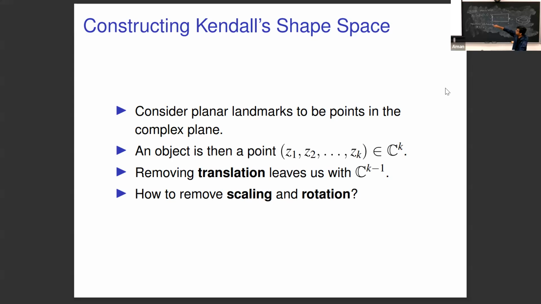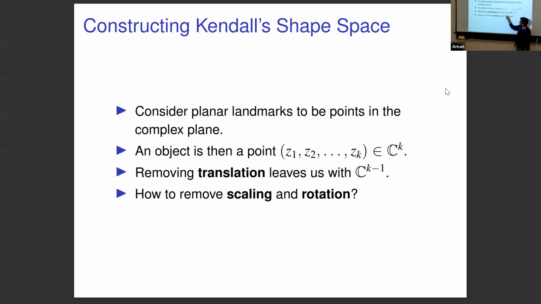So what you do is consider the planar landmarks, which are the key points in your shape, as points in the complex plane. A complex plane, like we remember from previous math, is just a 2D space with a real line and an imaginary line, right? So we'll review some complex math in the next slide, but that's what we want. Then the object is represented in this k-dimensional complex space as k points, right?